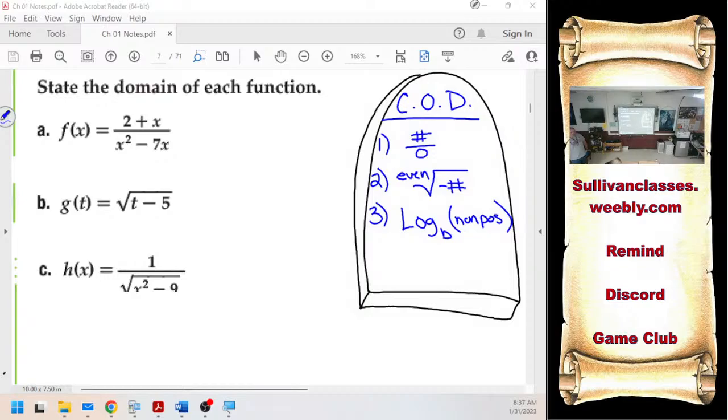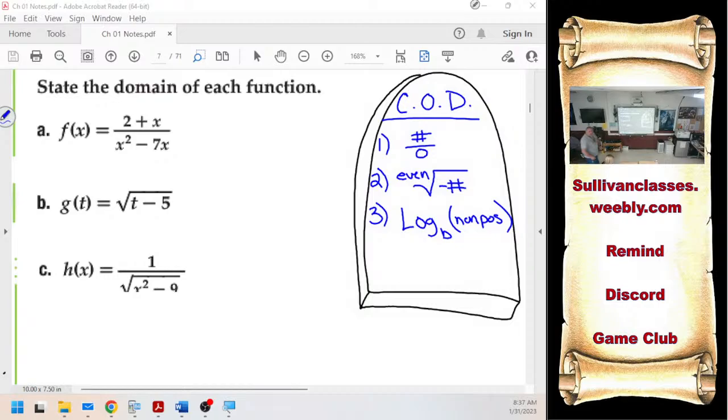What feature exists on a logarithm graph at 0? Asymptote. There's a vertical asymptote at 0.